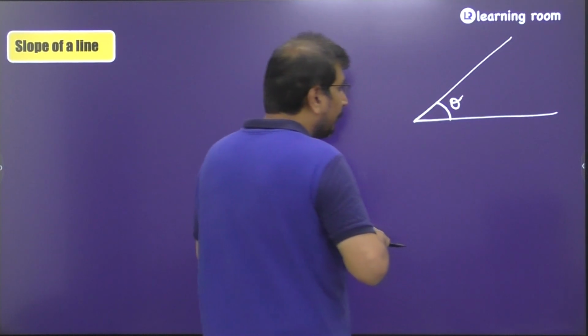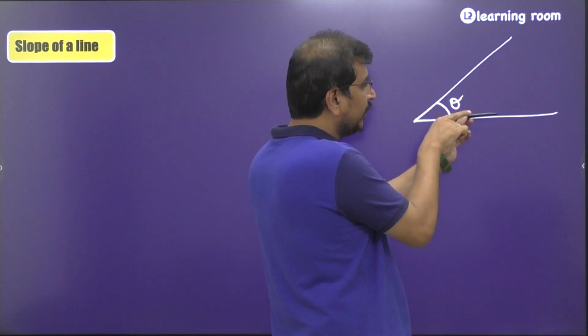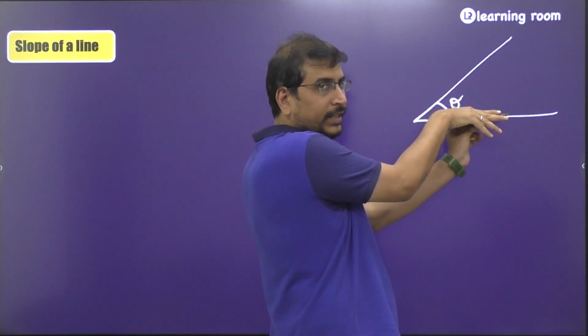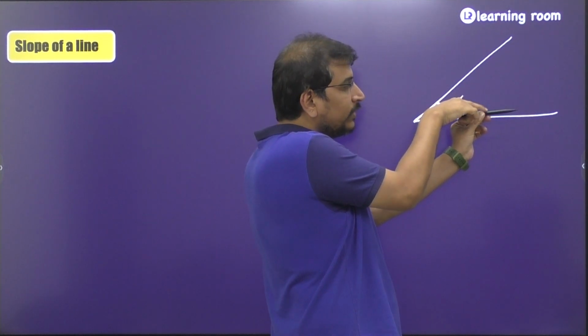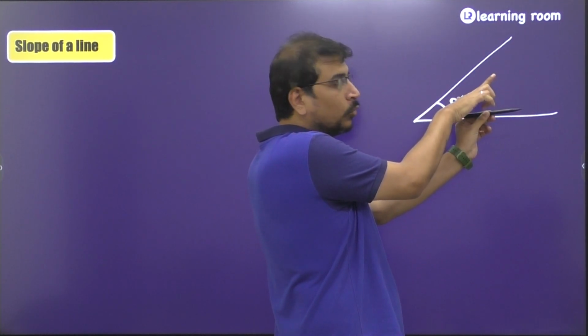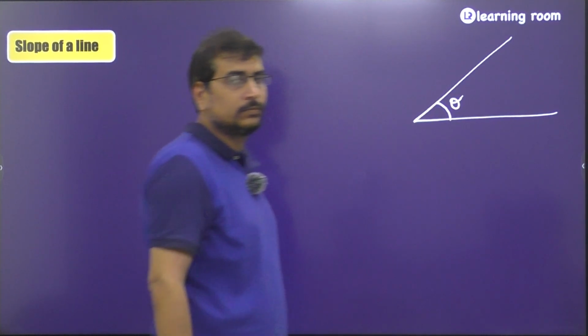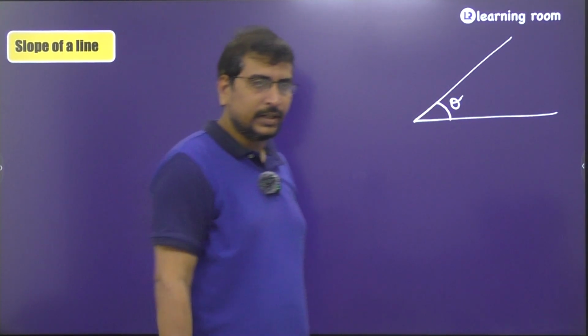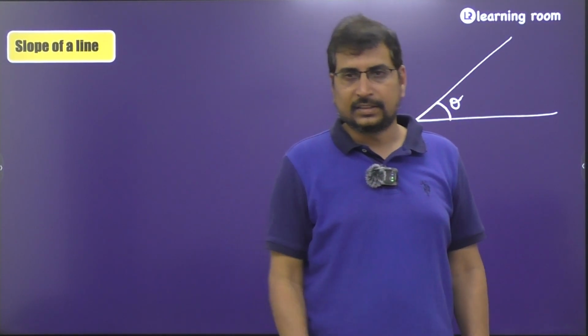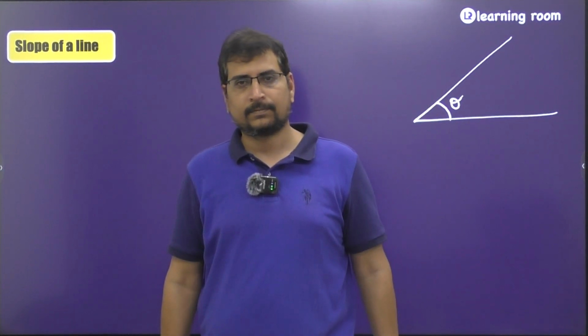Now, basically what happens here is, if there is one line like this, and another line like this, if one of the lines is fixed and the other line is rotated with respect to it, then we get a parameter called an angle. So basically, how do you define angle? If someone says the angle is 60 degrees, what is the meaning of it?